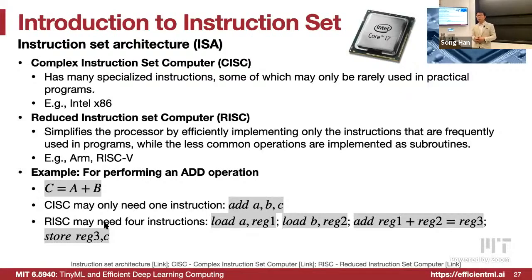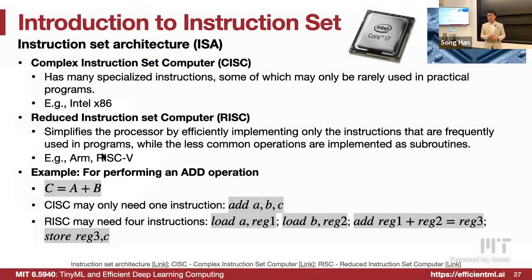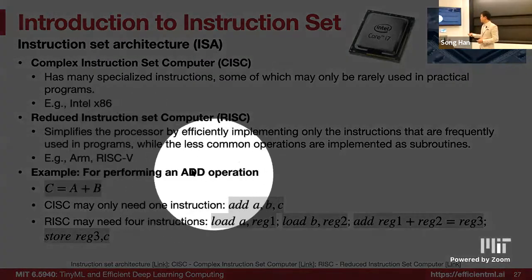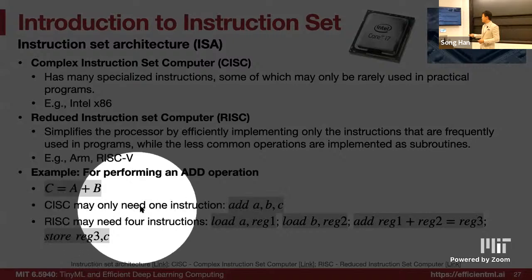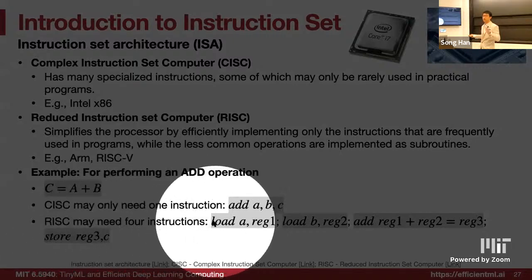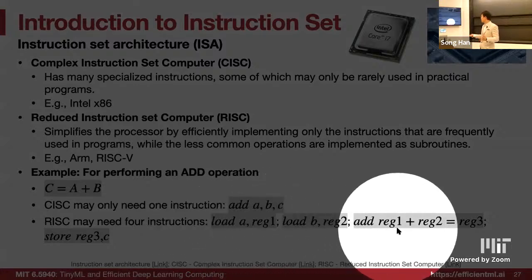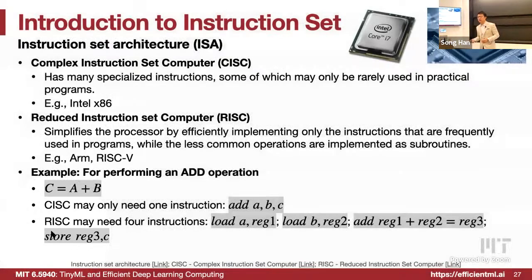It's also shorter, like the ARM and RISC-V ISAs. So here is an example of performing a single add. CISC may need only 1 instruction versus RISC may have 4 instructions. You have to first load 1 operand, load another operand, add them together, and store it to the memory.